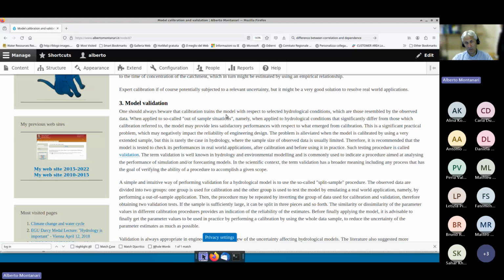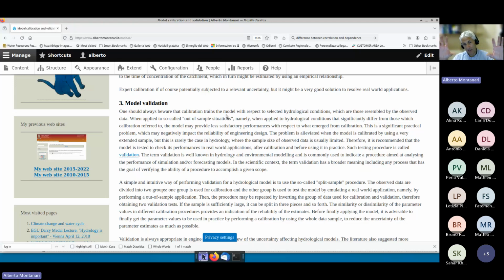If you calibrate the model only with respect to 1 week of river flows, then you are not as relaxed as if you calibrated the model with 100 years of river flows. It's clear, okay? In any case, the result is that the model is trained with respect to that specific data set.